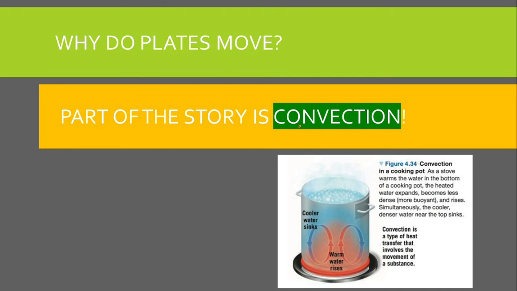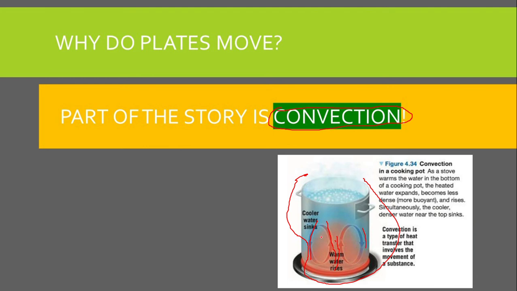We would say that that is an example of convection. Now, convection is a broader idea than that. Here's a big kettle on the stove. When warm water at the bottom rises and cooler water on the edges of the pot sinks, that's an example of convection.